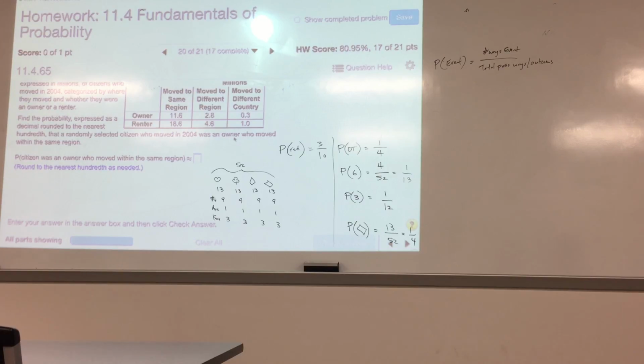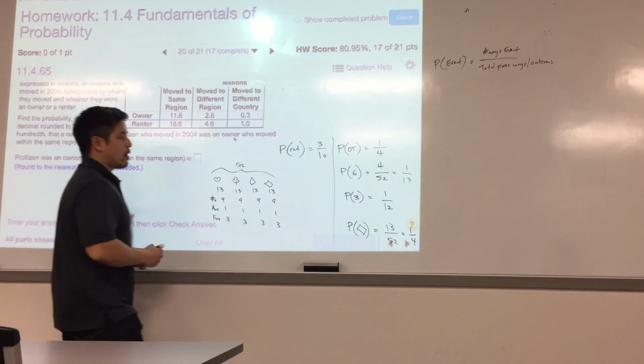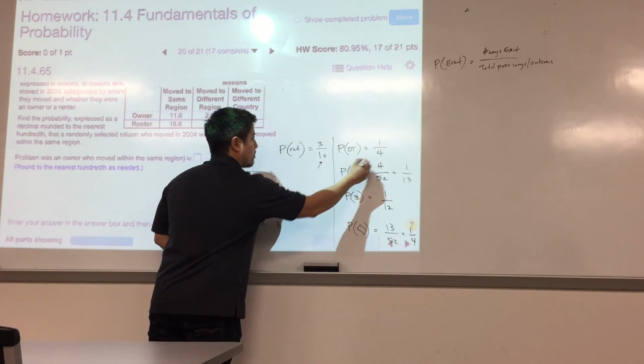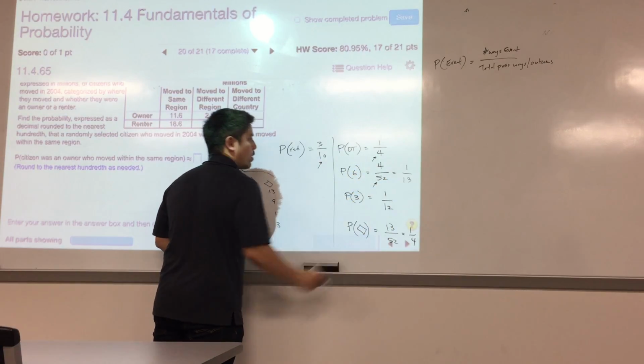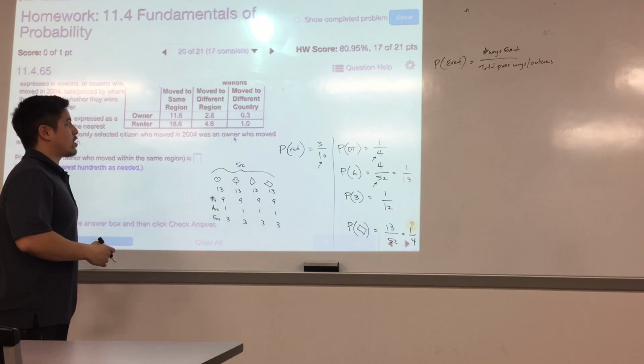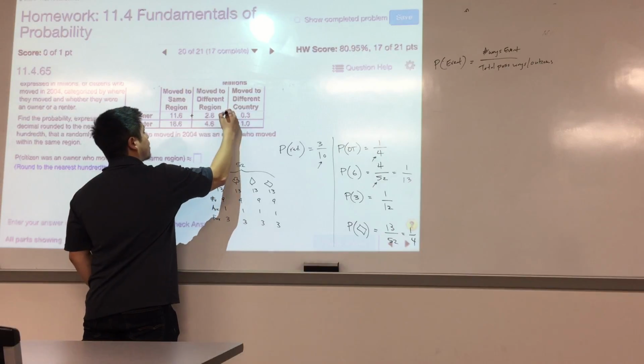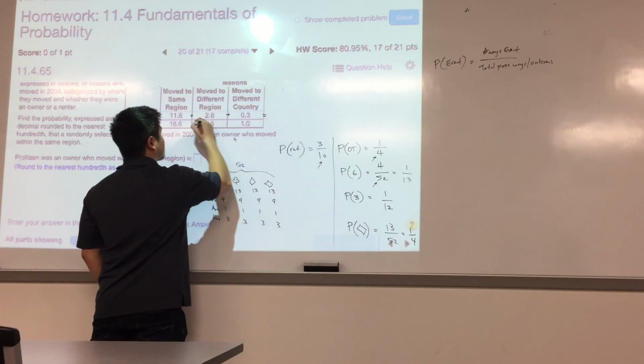Now, before you actually can even do anything, you have to find out your totals. Remember I said that this was one of the most important things that you knew right away was the total possible ways. Well, you have to actually figure out your totals. To figure that out, you need to add all of these together.